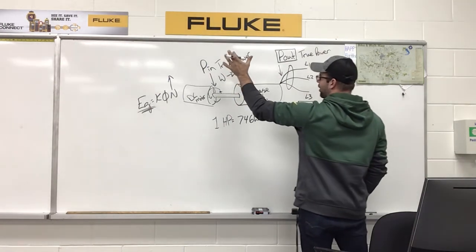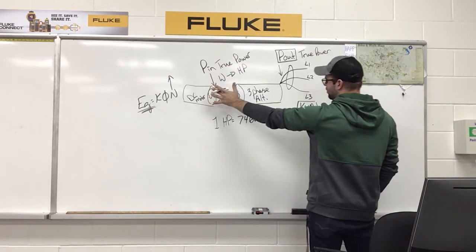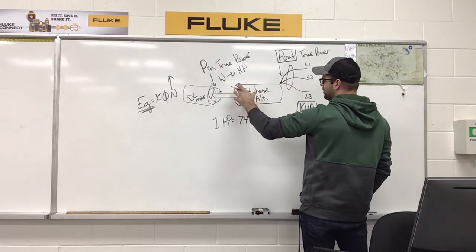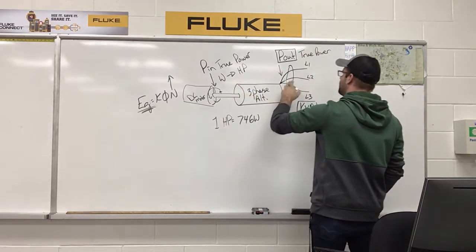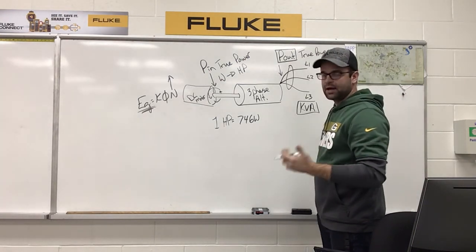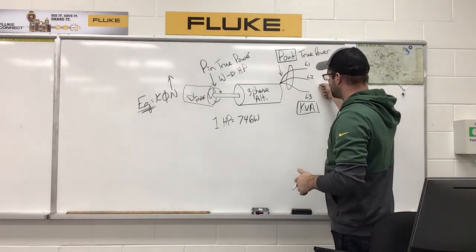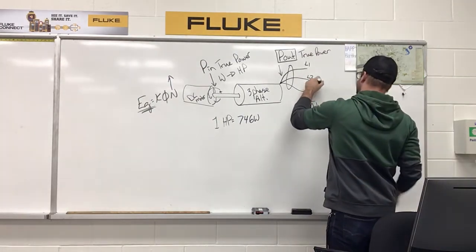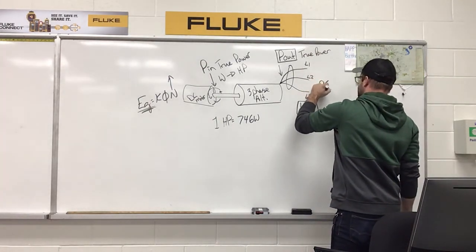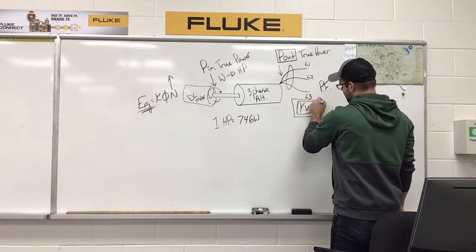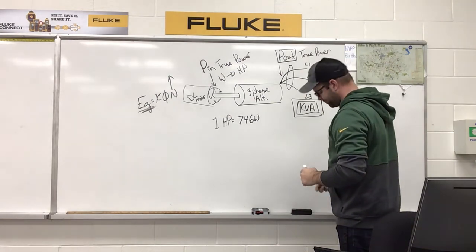So our power in is what's spinning the shaft of that alternator, and then our power out is going to be the line conductors coming out of the alternator. And so we see our power out over here, we see power factor over here, and inevitably we are going to see a kVA value.